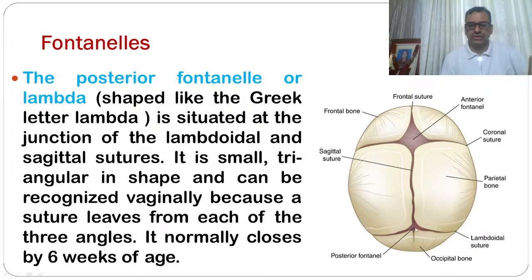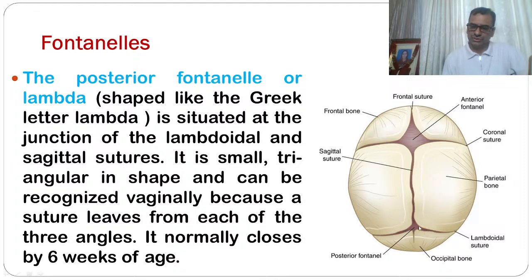So this is the posterior fontanelle. The posterior fontanelle is also known as lambda because it is shaped like the Greek letter lambda. It is situated at the junction of the lambdoidal and sagittal sutures. So this is the sagittal suture, this is the lambdoidal suture, and at the meeting point there will be the posterior fontanelle, or lambda. It is small and triangular in shape and can be recognized vaginally because the sutures leave from each of the three angles.